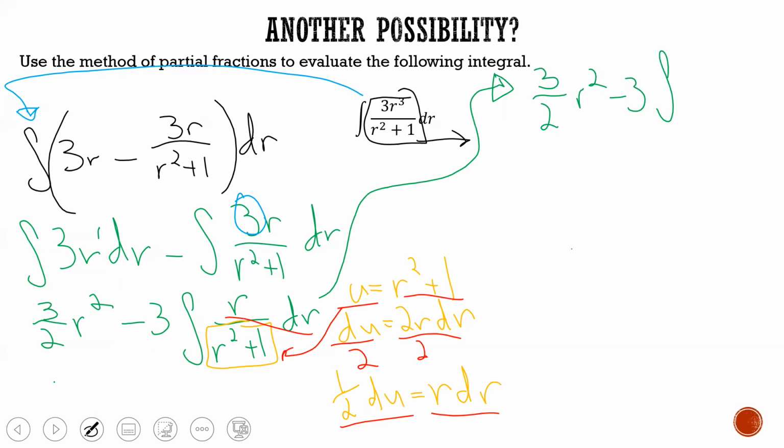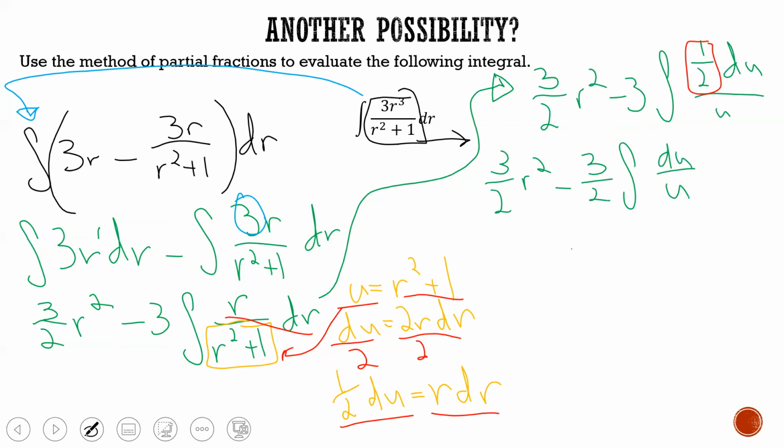So this would become 1/2 du over u. Factor out that constant of 1/2 there. So this would become 3/2 r squared minus another 3/2 times the integral of du over u.